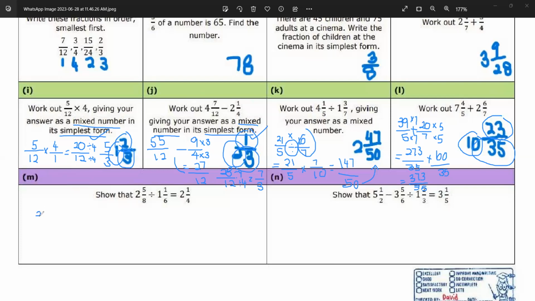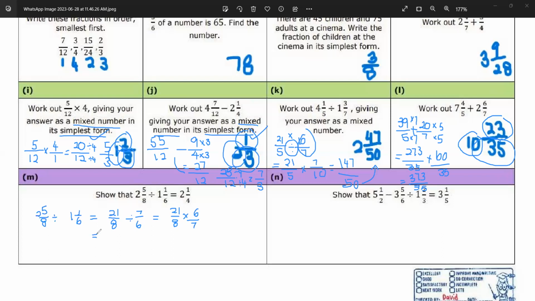So 2 and 5 out of 8 divide 1 and 1 out of 6 equals 21 out of 8 divide 7 out of 6 because we change it to improper fraction. Also equals 21 out of 8 times 6 out of 7 because of the reciprocal.